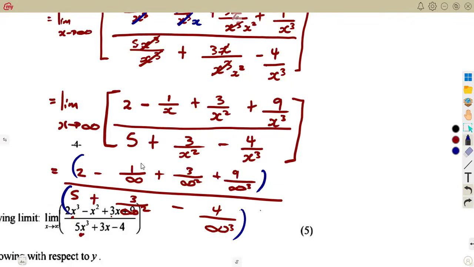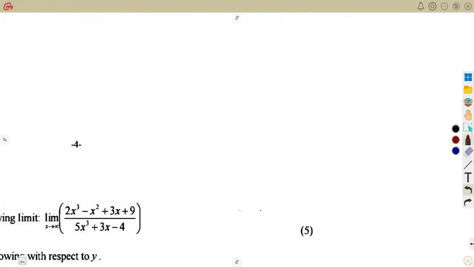It's just a 0 here, a 0 here, a 0 here. So it was going to give us 2 minus 0 minus 0, that's a 2. 5 plus 0 minus 0, that's a 5. Easy like that. So that was it, guys. Try to figure out more, adding to what we had.